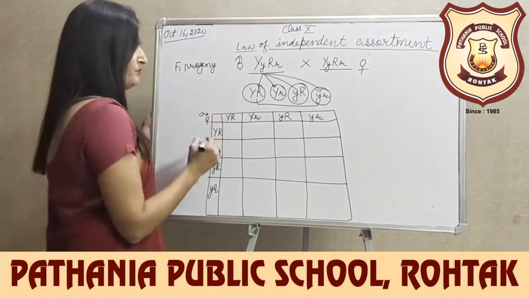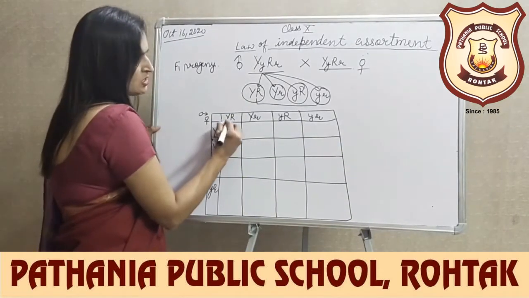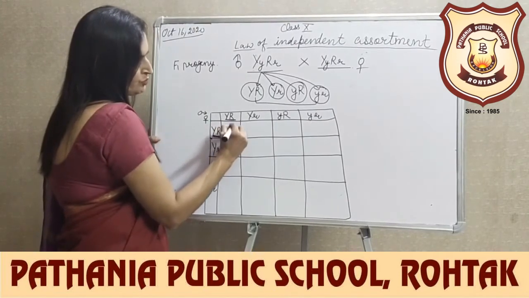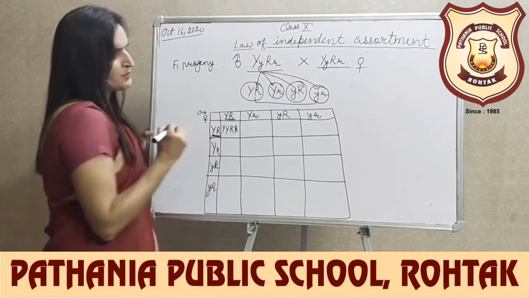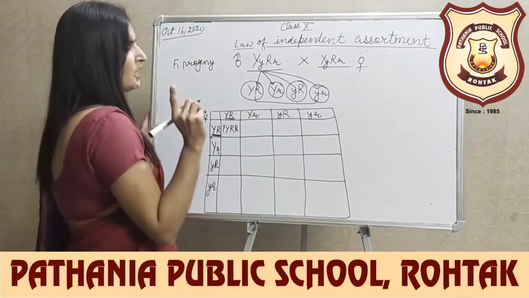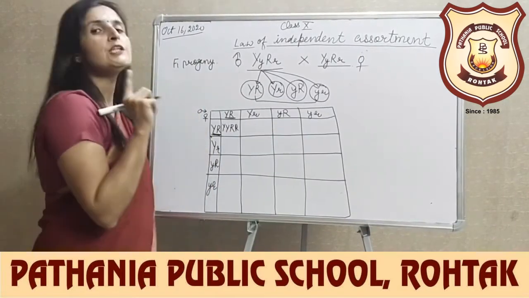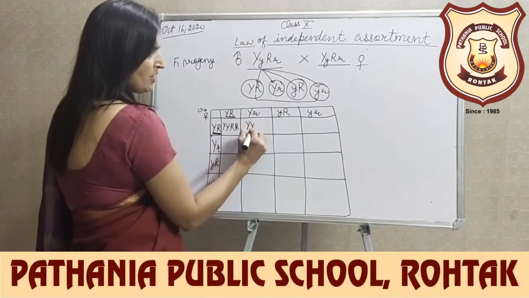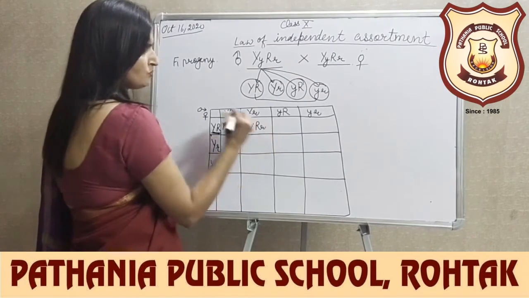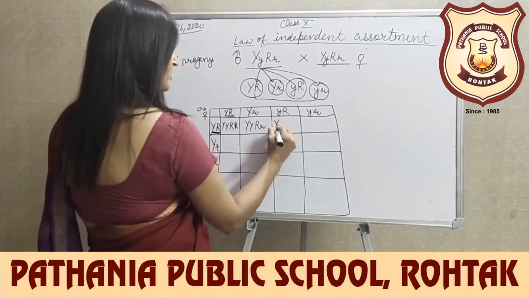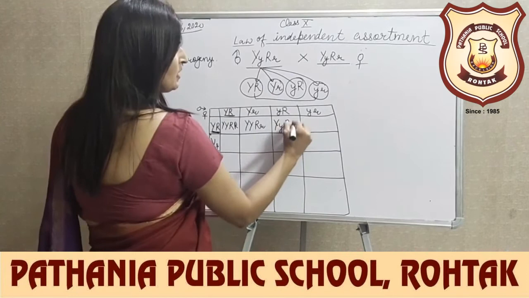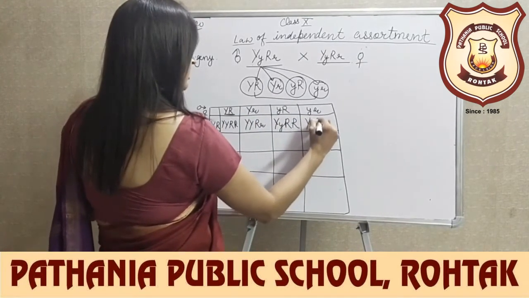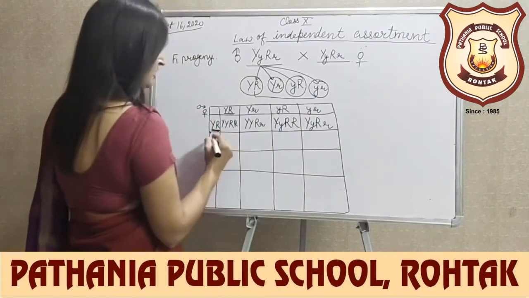Now cross them. When this is crossed with this, the combination would be capital Y, capital Y, capital R, capital R. I am not going to write the phenotype here. Capital Y, capital Y, capital R, small r. Capital Y, small y, capital R, capital R, then capital Y, small y, capital R, small r.